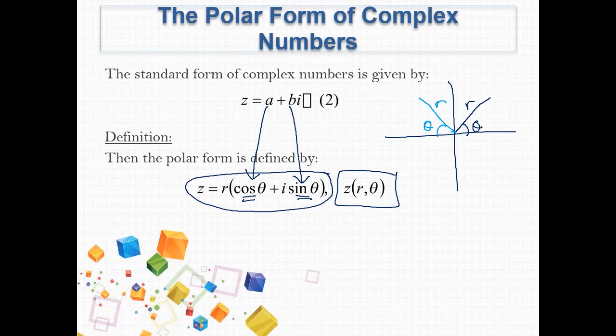If it is in the third quadrant, you always will have your theta here, and this is your r. And if it is in the fourth quadrant, theta will always be considered from the x-axis, and the length or the radius is r.